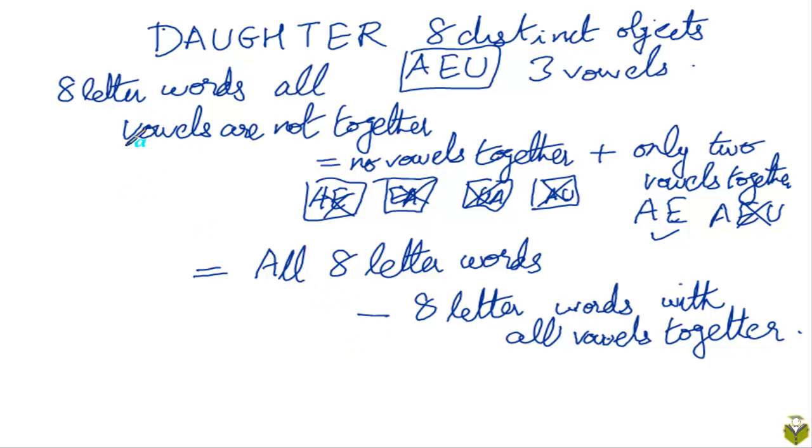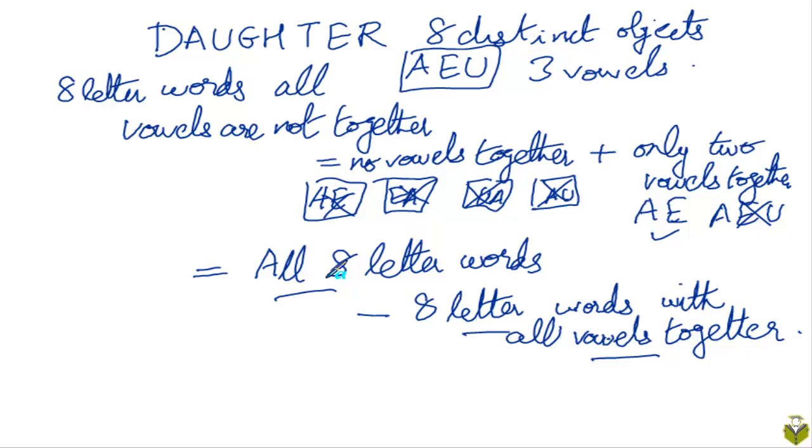We have used this subtraction principle before also, but this comes again and again. So please try to use it whenever you see a difficult problem which cannot be solved directly. Try to use something like subtracting something simpler from the complete, like all 8-letter words.